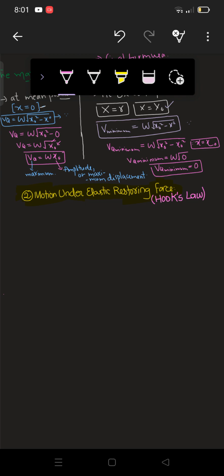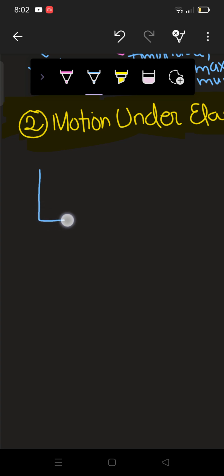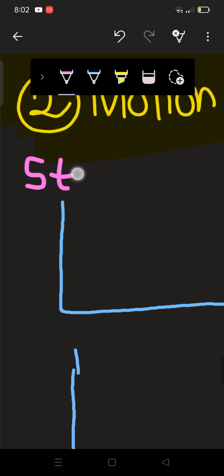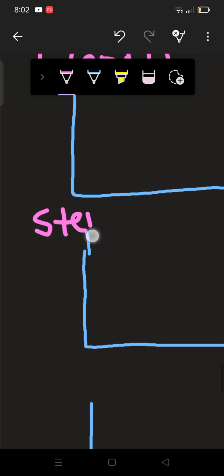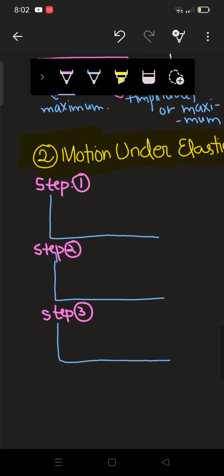Now see, for understanding this mass spring system, we must make 3 figures so that everything is crystal clear to everyone, right? For example, here I have stand 1, here I have stand 2, and here I have stand 3. This is step number 1, step number 2, and step number 3.